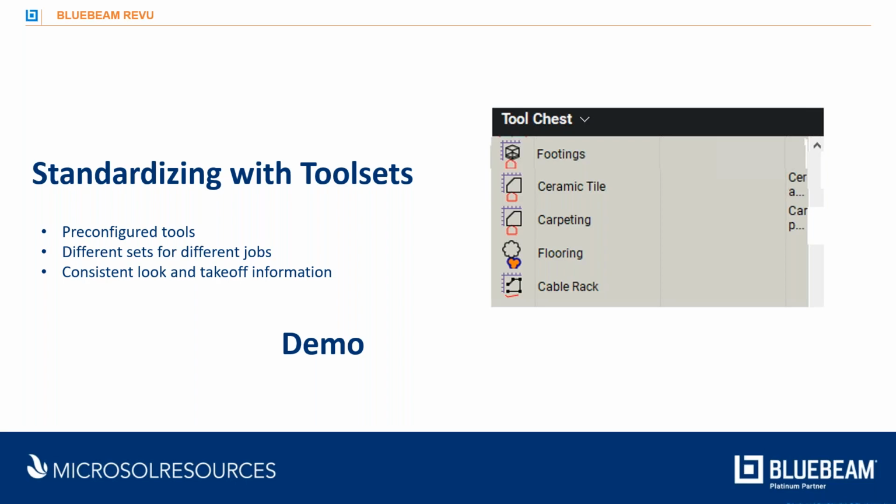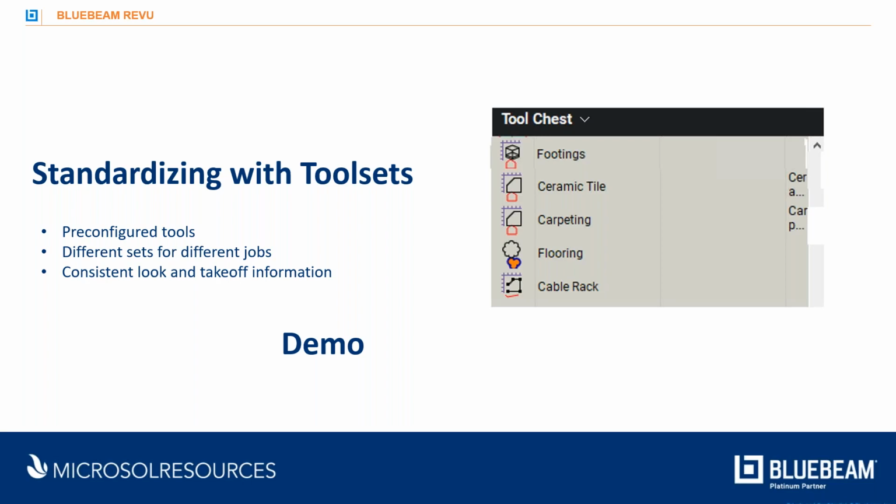You're going to want to set it up so that your markup tools look the way you want them to, have the proper values in terms of the subject name, and maybe you also would like to have a label. So instead of just square feet, it would say ceramic tile or flooring or cable rack or something of that sort.